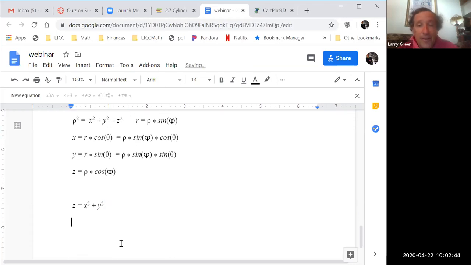So first thing, let's convert to cylindrical coordinates. And that's really easy. How do you convert that to cylindrical coordinates? The hint is it's really easy.